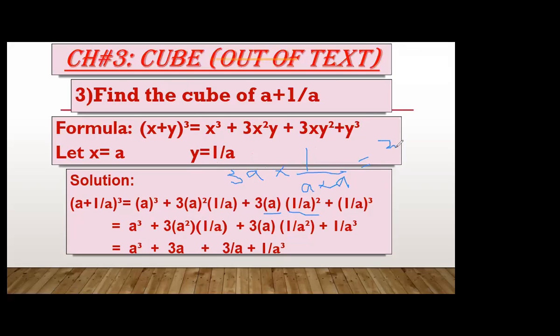We get 3, and 1a in the numerator is cancelled with 1a in the denominator. So what is left is a, but a is in the denominator, not in the numerator, so we get 3 over a. We get 3 over a because there are two a's in the denominator, so 1a and 1a will be cancelled.